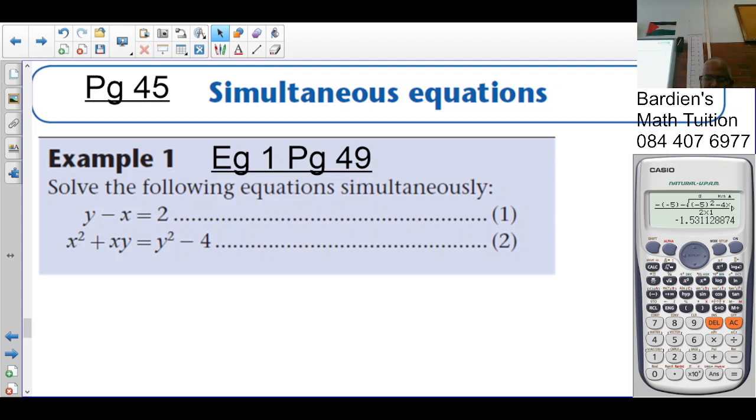Alright, so what's the first thing we need to do? Normally this is not given. Labeling the equations is normally not given. Okay, so let's recut.